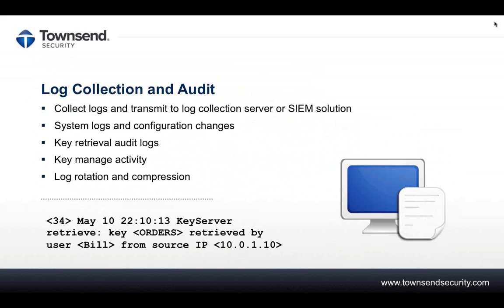Why is that? Well, attackers go after the security products first to hide themselves. They'll try to turn off logs, they'll escalate privileges, they'll try to delete logs. So you need to be continuously monitoring all aspects of your environment, including the key server. In our case, we have audit trails and operating system logs, and this information can all be easily moved in real time to a monitored solution.